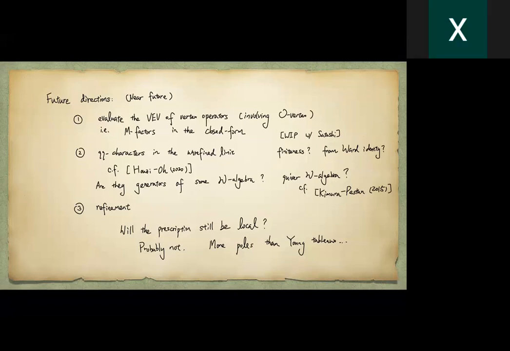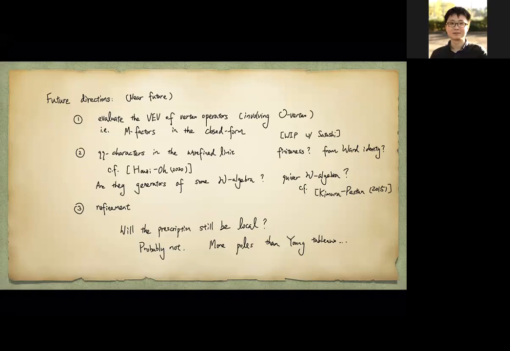But what I mean is that even in the ADHM description, you can still have a closed expression at specific instanton numbers, like one or two instantons, and you can simply check your result with that. Yes, of course we can check. In the unrefined limit, the analytic expression is really the same.